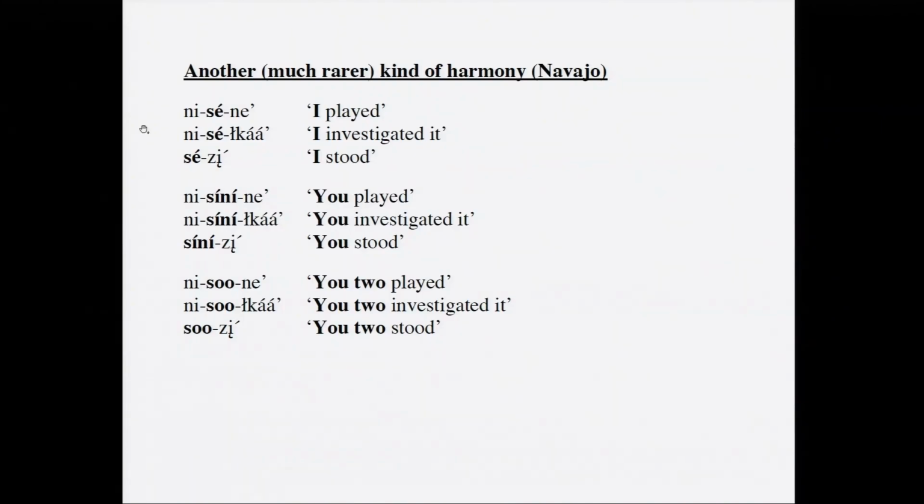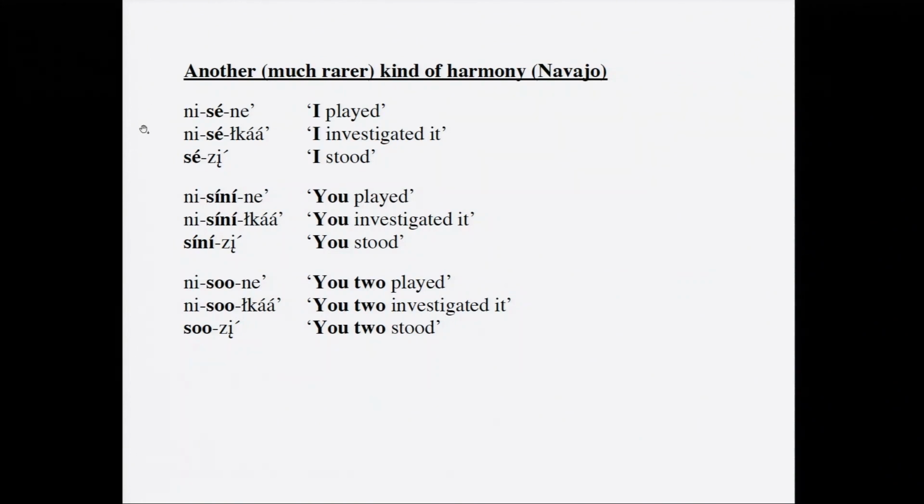I want to show you another kind of harmony, which is a lot rarer. This is from the Navajo language, which is an indigenous language of the American Southwest. Here are a bunch of verbs in Navajo in what we could think of as the past tense. You can see that all of these verbs, so what I've done is bold-faced a part of the verb that you can think of as the part that tells you who the subject is.